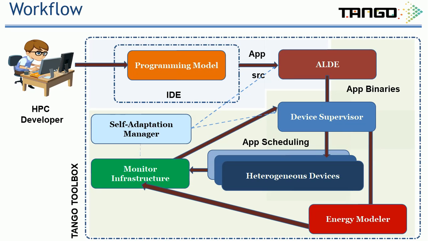This allows for the monitoring infrastructure then to monitor these applications along with the heterogeneous devices, and it also allows for the energy modeler to take this information about what's going on in the environment to determine individual applications' power consumption. This therefore allows the Self Adaptation Manager to have information about the devices through the monitoring infrastructure and also applications through the device supervisor.